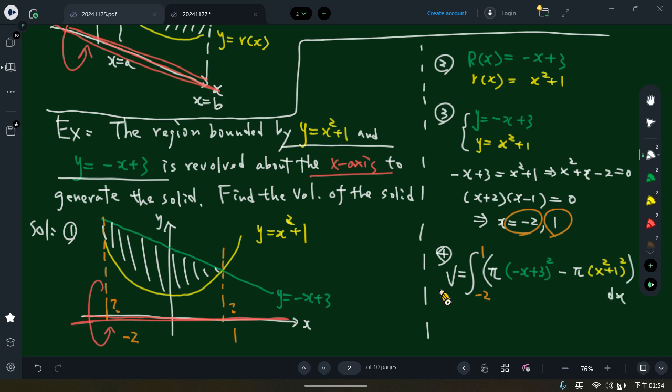Right? The outer part subtract the inner part and sum them together. Finally, we can get the answer is this one. I skip the detailed calculation and leave that part for you to check by yourself.